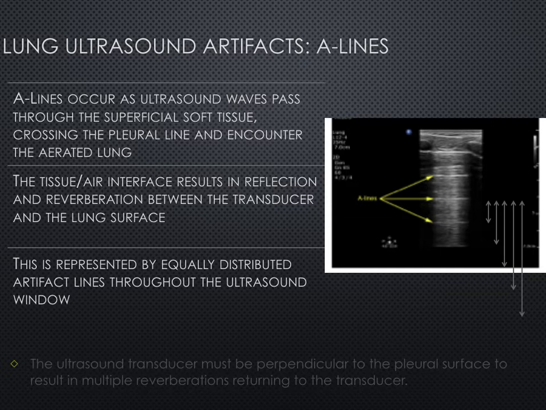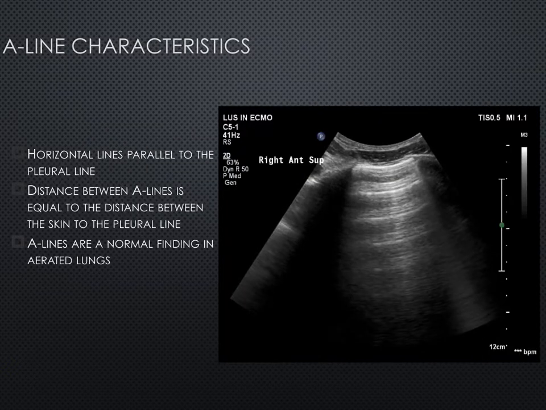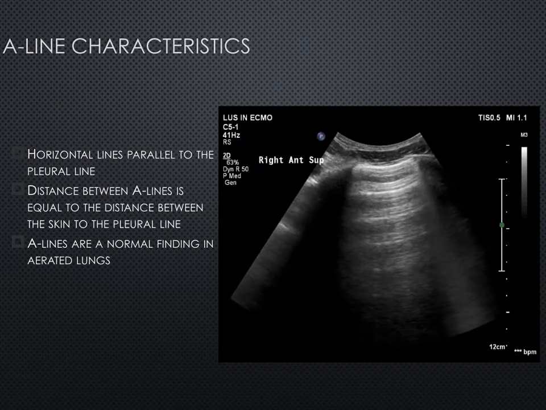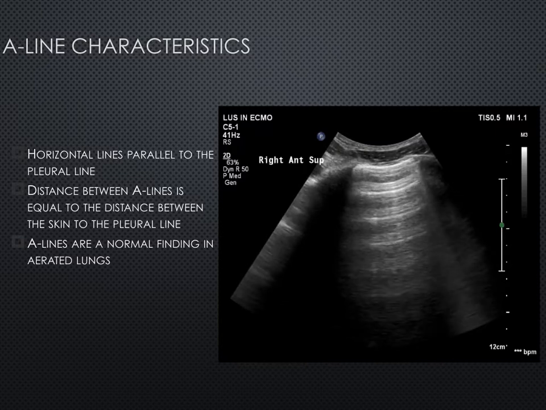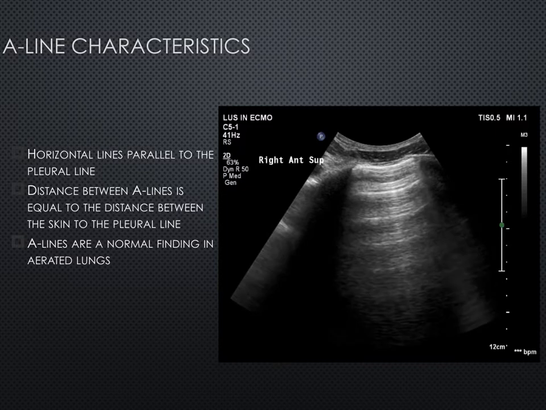So in normal circumstances, what would that look like in a movement pattern? If I were to come here onto this, you're seeing that the A lines are the horizontal lines that are parallel to the pleural line at equal intervals from the edge of the chest wall all the way down through our aeration pattern.